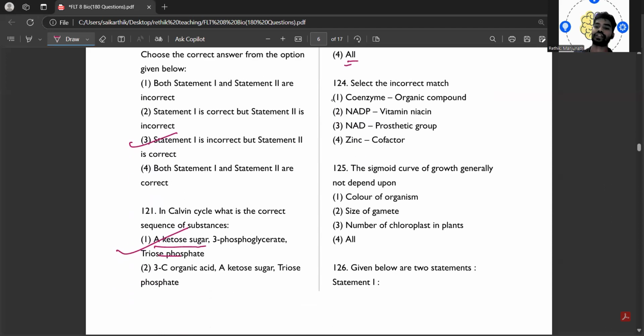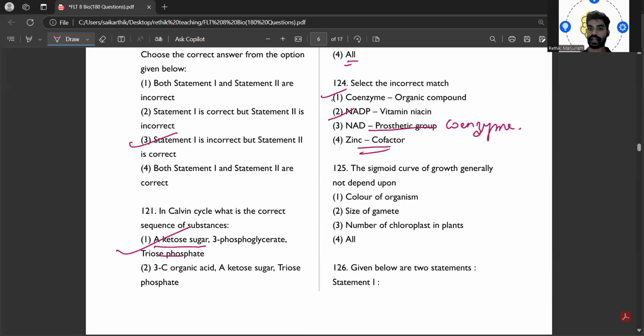Okay, so 124 is select the incorrect match. So yes, this is correct, I hope, and this is also correct. And NAD, what do you say that? It is actually a coenzyme, right?